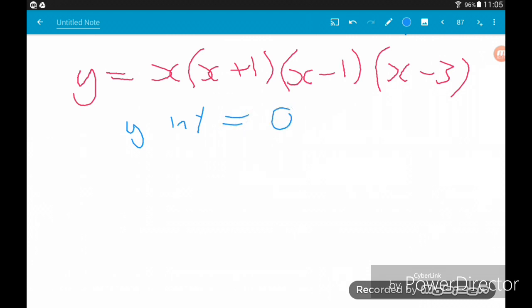Okay, then we need to work out whether or not the x to the power 4 term is positive or negative. So we would have x times x times x times x, which would give us positive.